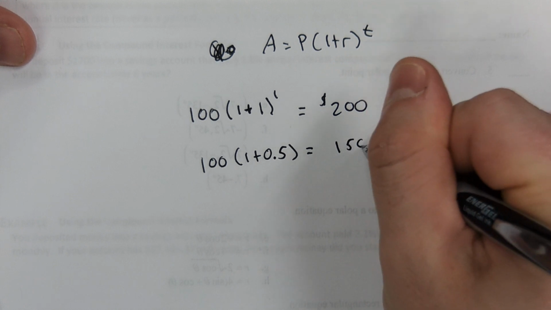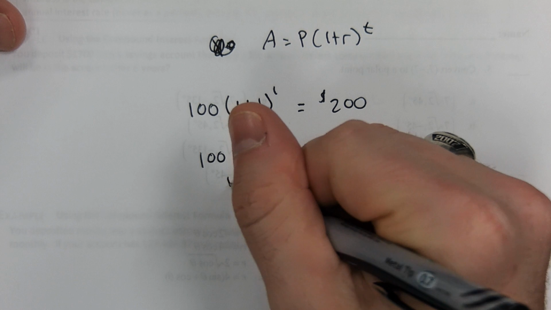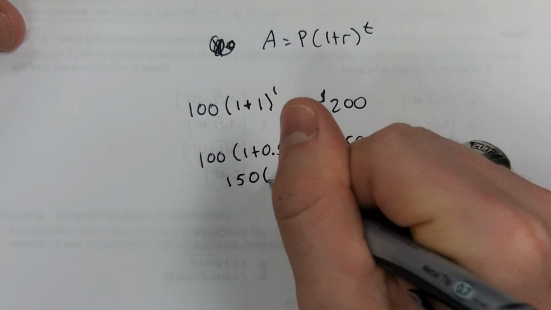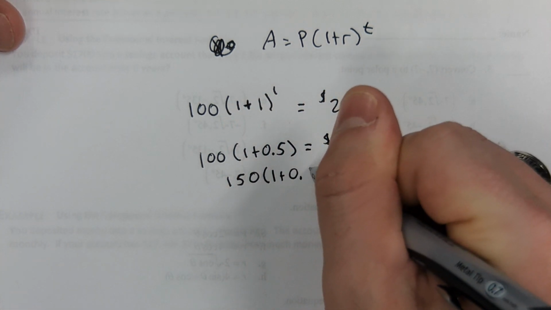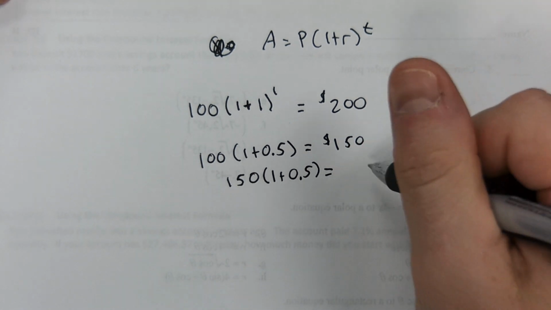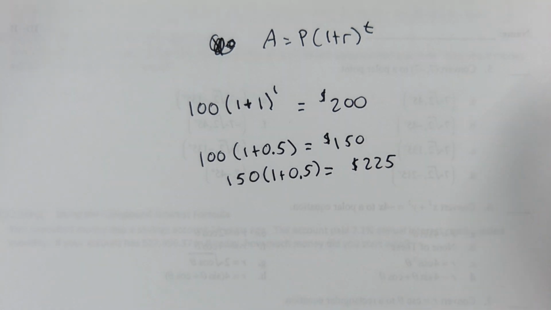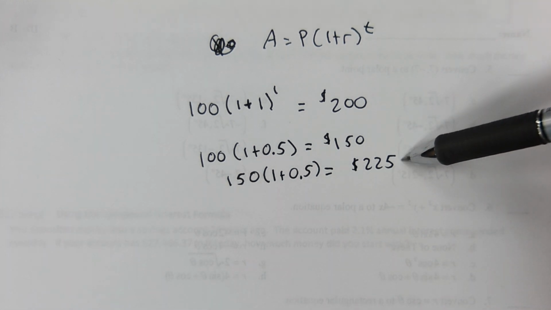You now have $150. And at the end of the year, I give you your other 50%. Now you have $225. So which one was better? 100% once or 50% twice? Well, clearly, 50% twice was better.